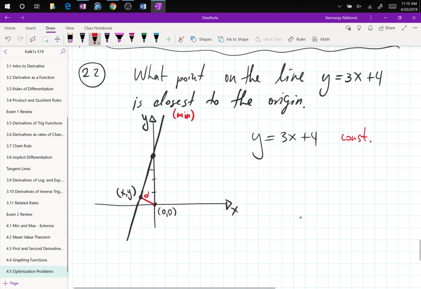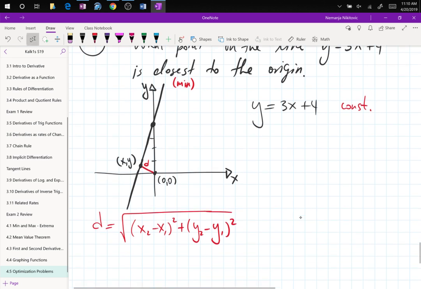And I just want to have that as small as possible because that's what the word closest means. So the distance formula, if you forgot, is the square root of (x2 minus x1) squared plus (y2 minus y1) squared.